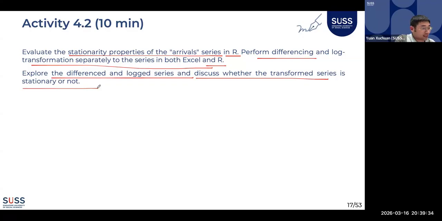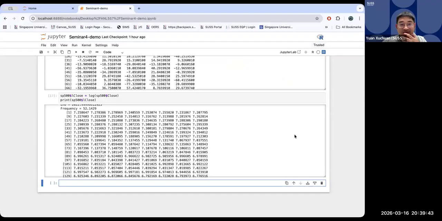Okay, so let's do it together. We focus on the arrivals time series, and then we take a first order difference.